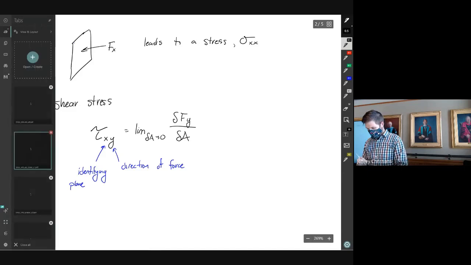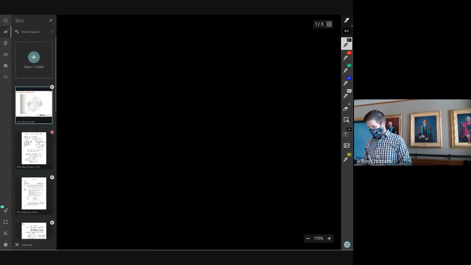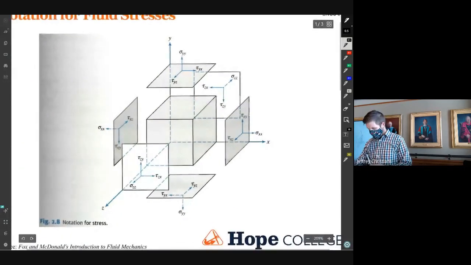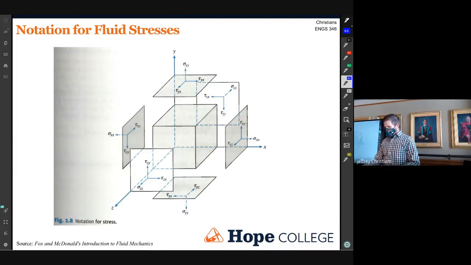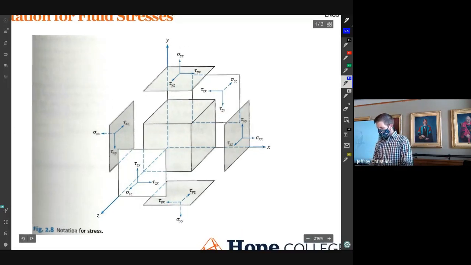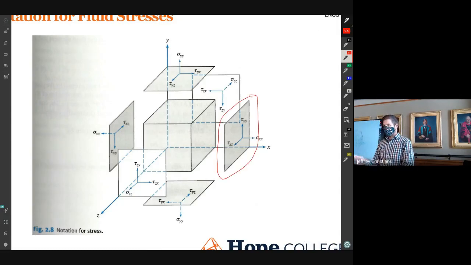Just to look at exactly what that looks like, this is a figure from our book. As I said, we were drawing this plane, and I'll post these slides so you'll have this picture.